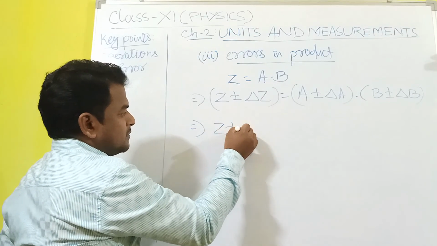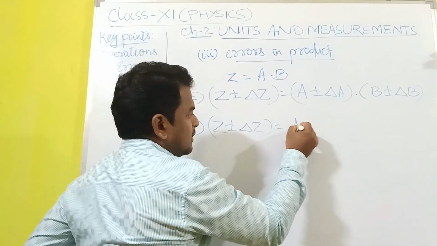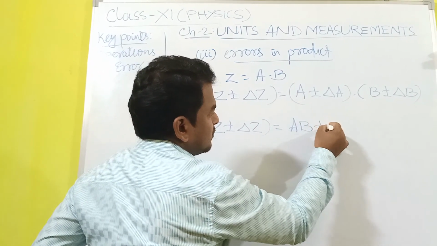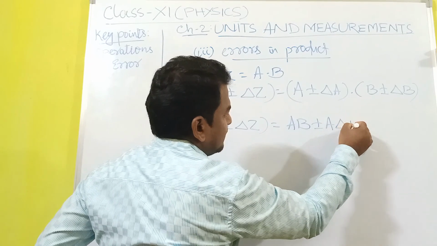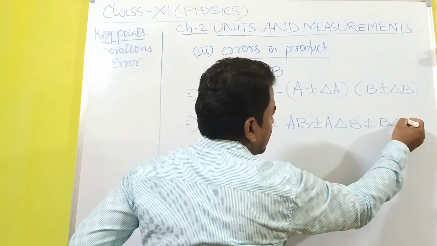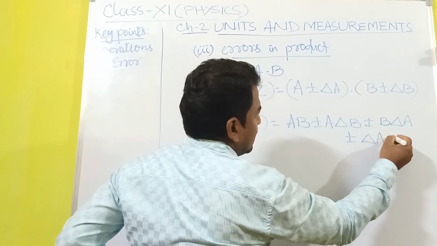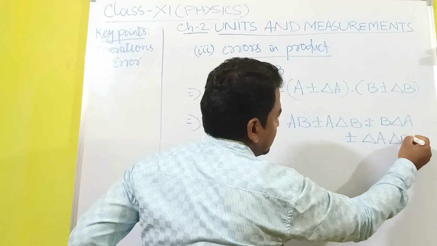Now Z plus minus del Z equal to, just multiply, AB plus minus A del B plus minus B del A plus minus del A del B.